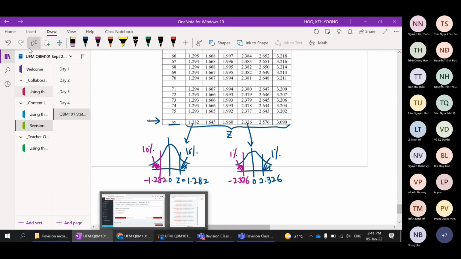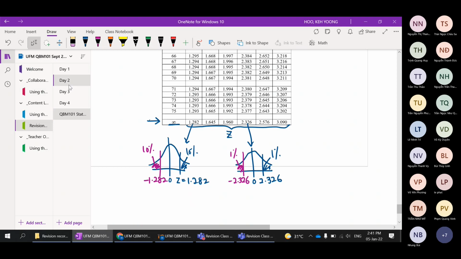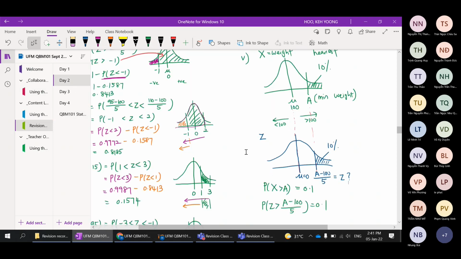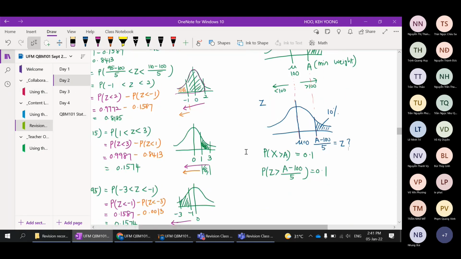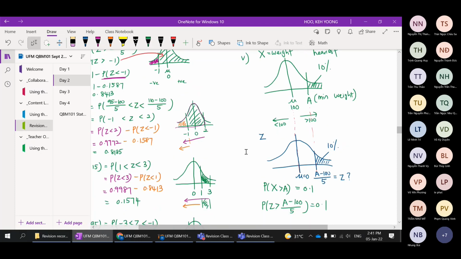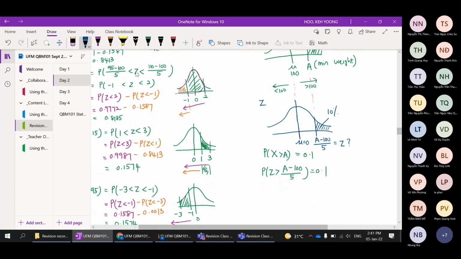Right now our area is at the right side, 10%. So what is our Z value?